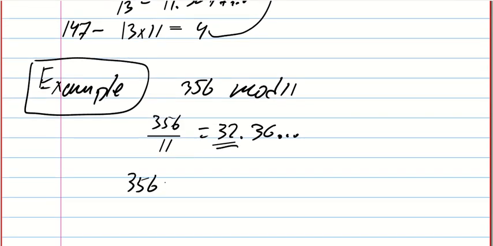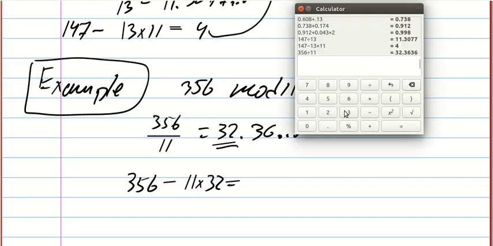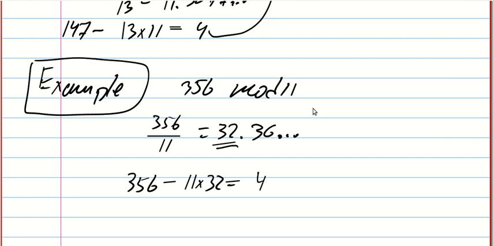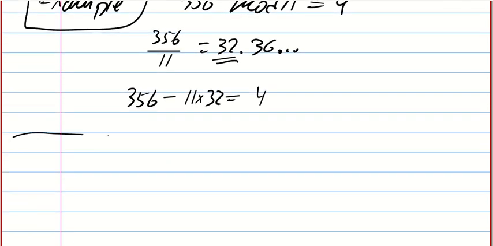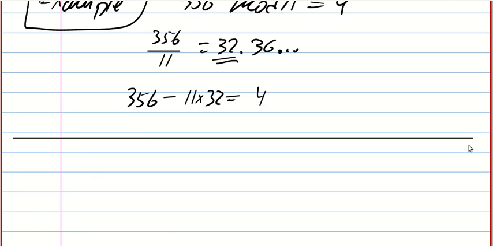We take 356 and subtract 11 times 32 to get our remainder. 356 minus 11 times 32, so we get 4 again. It's just a coincidence, it wasn't intended this way. Again, we know how to do it. We've done it before with the money order scheme.